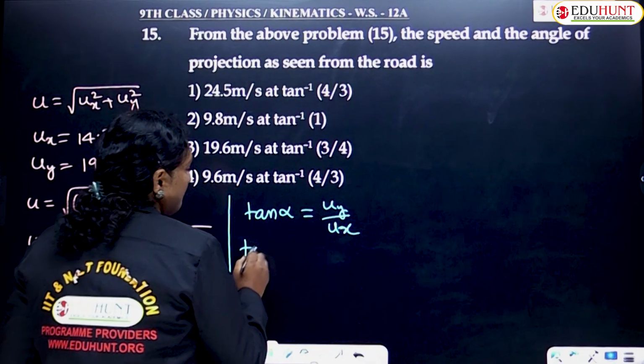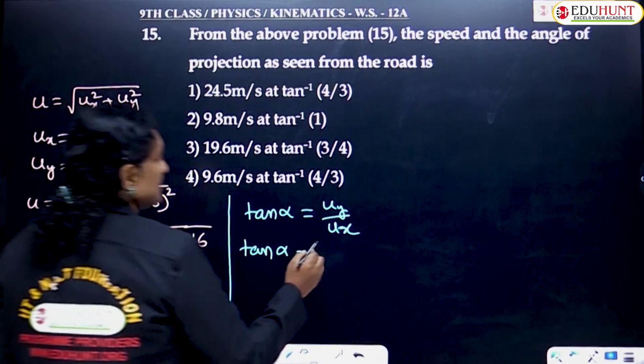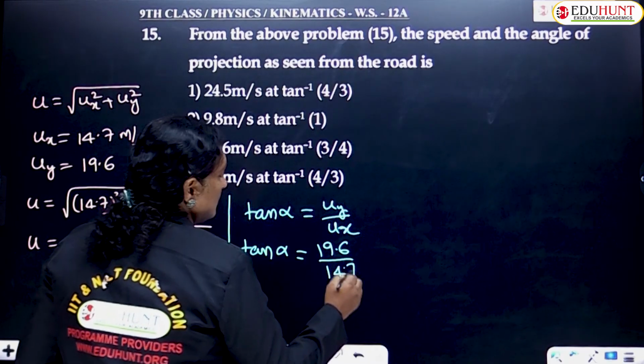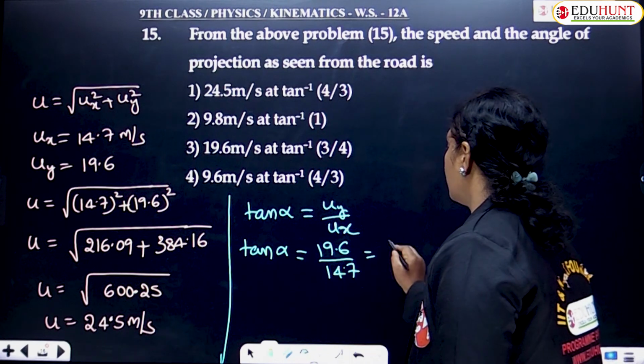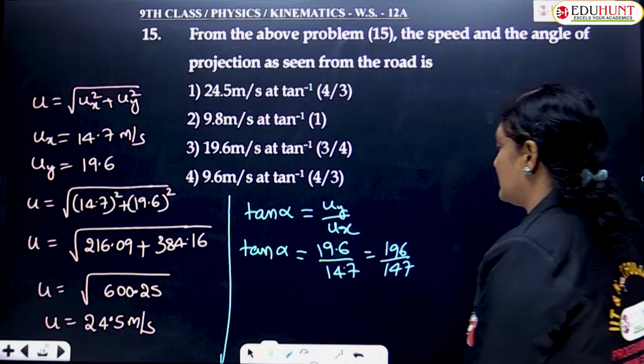Hence tan alpha is found to be, the value of Uy here is 19.6, whereas the value of Ux is 14.7. Simplifying this, children, let us remove the decimal. It will be 196 upon 147.